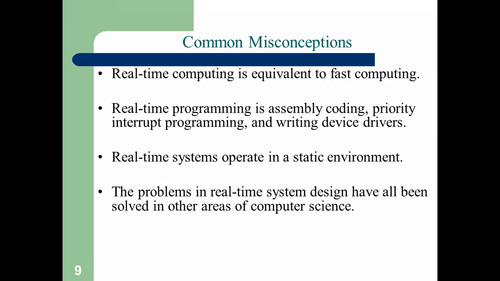Whenever there is an involvement of the real-time system, it means fast computing, because this is based on the time constraint. Within a few microseconds or milliseconds or nanoseconds, we want the response of that particular system. So the real-time systems are based on, we can say, the time constraints or the time conditions.